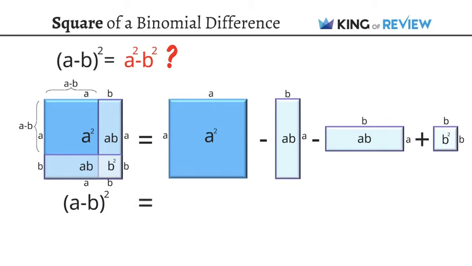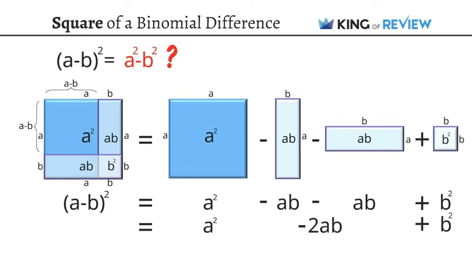Now let's put down the areas of these bricks: a squared minus ab, minus ab, plus b squared, and this is equal to a squared minus 2ab plus b squared. Now we find that a minus b, the whole squared, is not equal to a squared minus b squared.